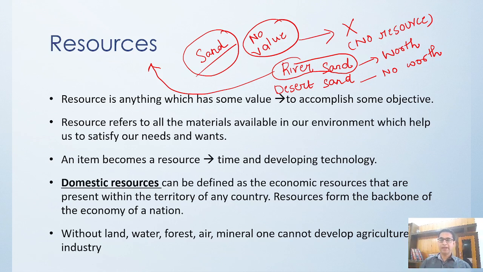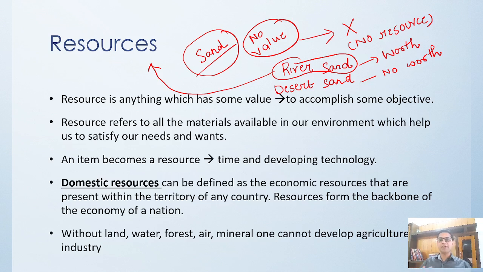We make buildings and roads with it. But desert sand has some structural issue, so we cannot utilize it in a similar way. So desert sand we consider of no worth, and river sand we call worthful, right? I hope everybody got this concept.